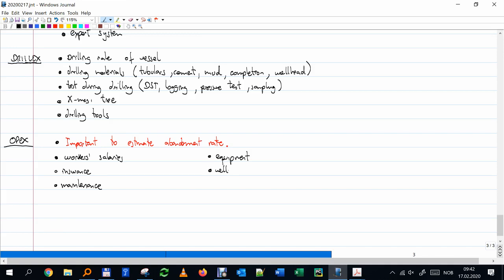We have well intervention. Okay, depending on what we have decided during the phase. If the wells are very complex, they need frequent intervention. For example, they have a pump I have to change every 2 years, so I will have some intervention cost. Power consumption.